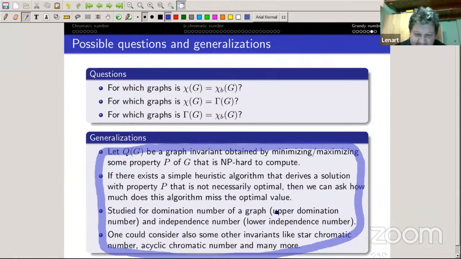This is actually done for domination number, as already mentioned, also for independence number. This was already defined and introduced, but one can do it also for some other parameters or invariants. And that's all from my side. Thank you for your attention.